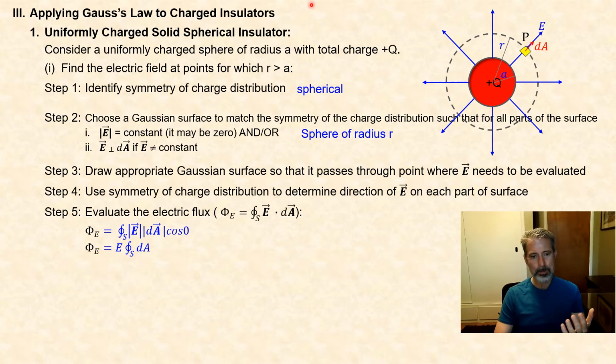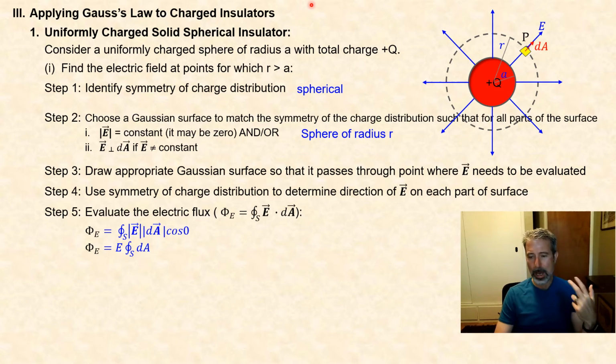In which case, it will always be the case that if your flux isn't 0, all you're going to end up doing is evaluating the surface integral for that area vector dA. What does dA represent? It is simply that infinitesimal area for that small piece of the surface.